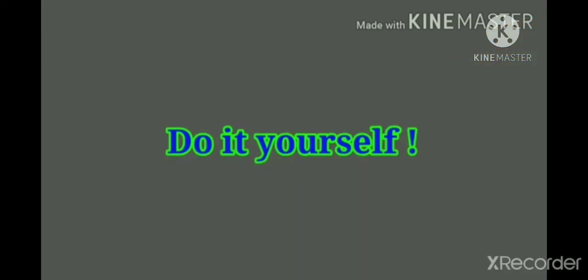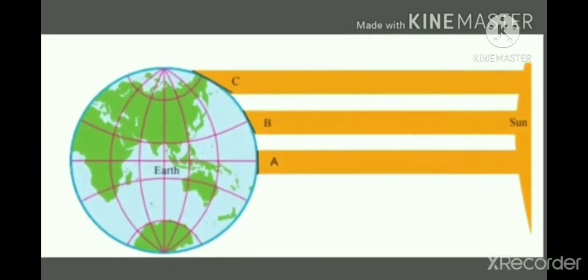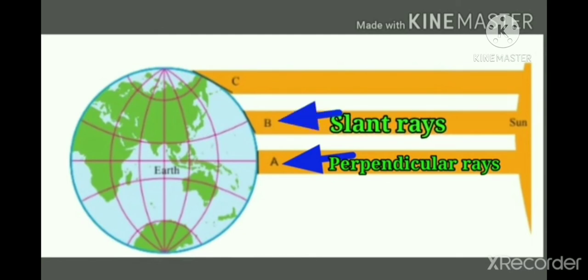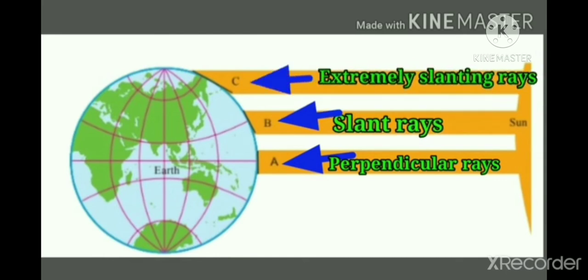Okay. Now, let us see, do it by yourself. The region marked A in the figure receives perpendicular rays, while the region marked B receives slant rays, and in the region marked C, the rays are extremely slanted.